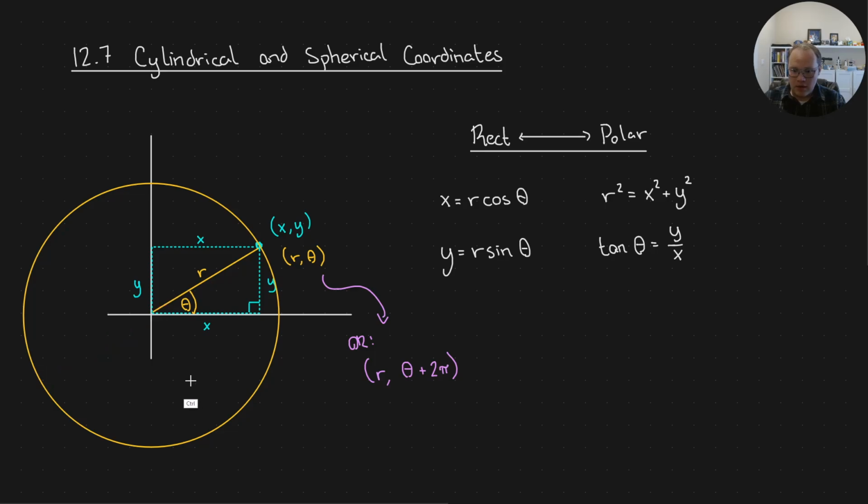Okay? So what I could do, for example, is take an angle that goes exactly opposite this angle here. So this is the direction that that new angle is pointing.